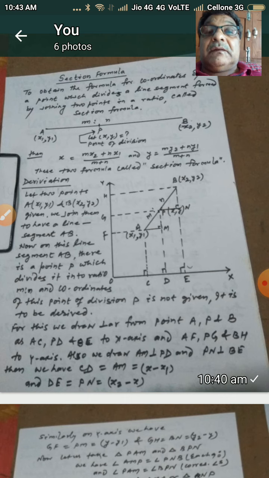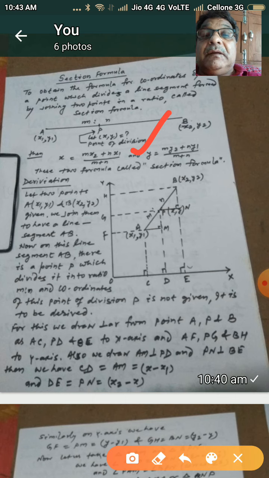It means the section formula involves finding the coordinates of such a point P. In this figure you can see the coordinate of point P is not known.